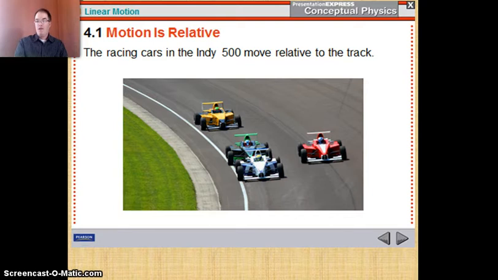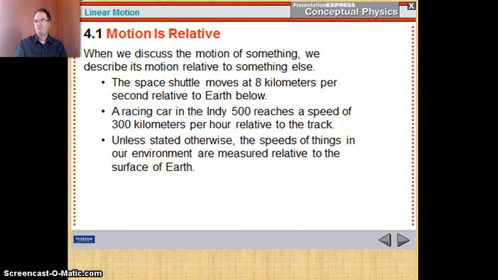Indy cars travel around and around in a circle. We measure their speed relative to the track. All things have to have some sort of point or points that we reference in terms to calculate their speed.